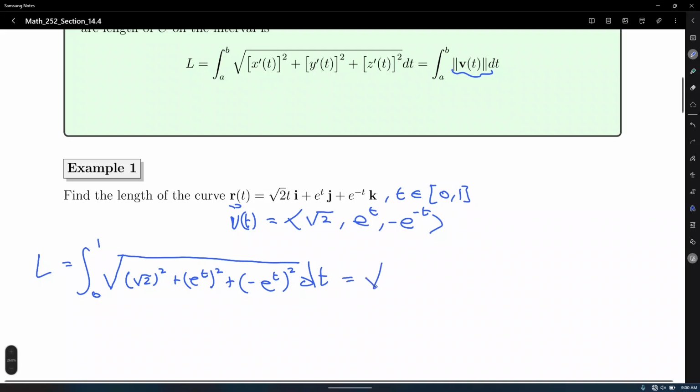That equals then, well, the radical cancels the square, not the 2, the square. And that's going to leave us with the integral from 0 to 1 of the square root of 2 plus e to the 2t plus, careful, negative being squared becomes positive, and power of another power, multiply the powers, e to the negative 2t, dt.